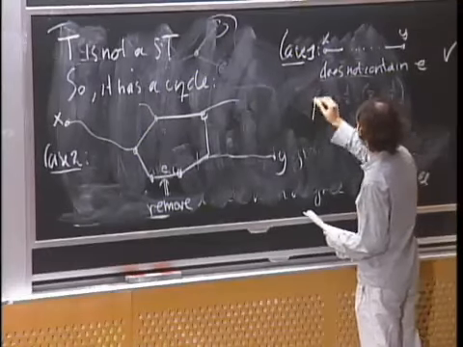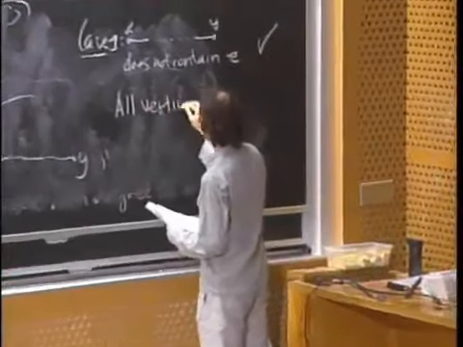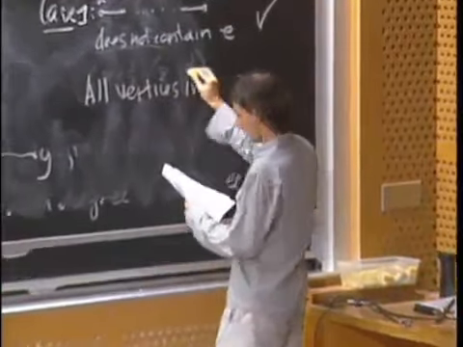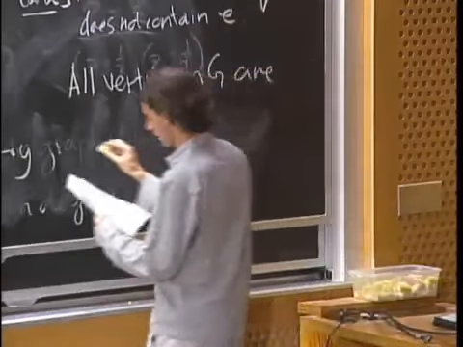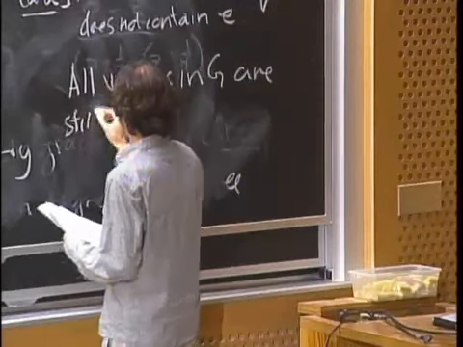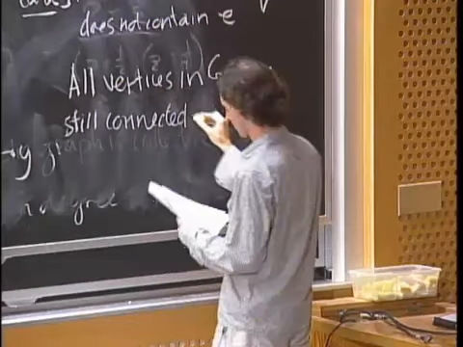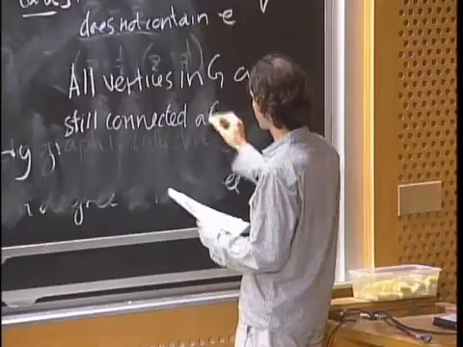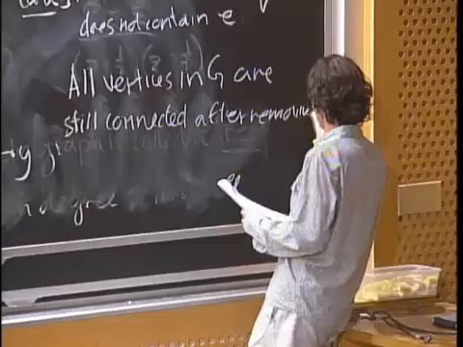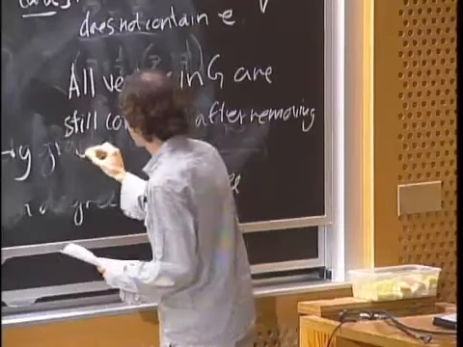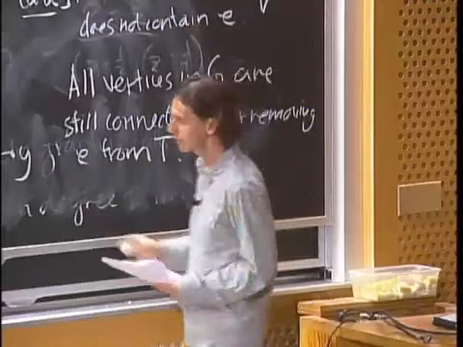So let's write this out. All vertices in G are still connected after removing e from T. So now we're done.